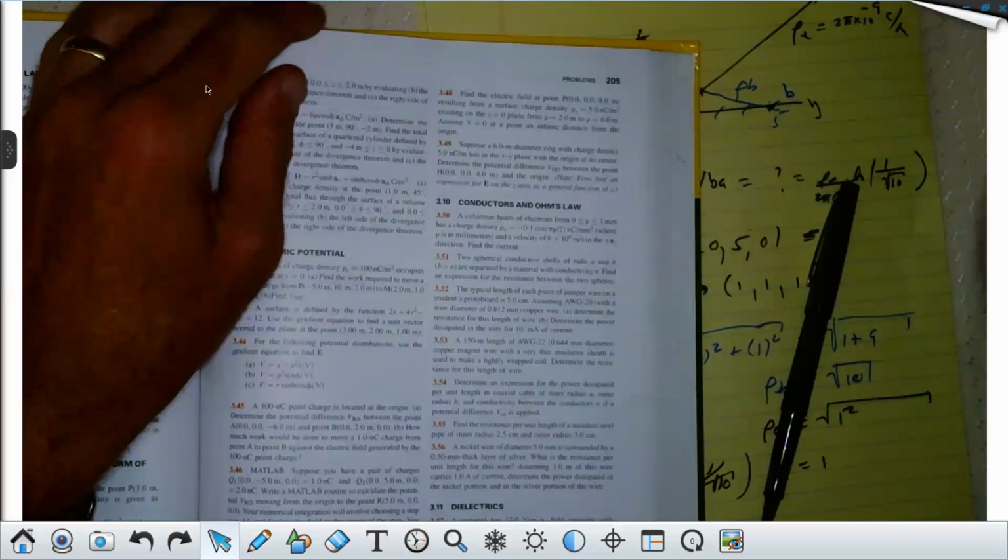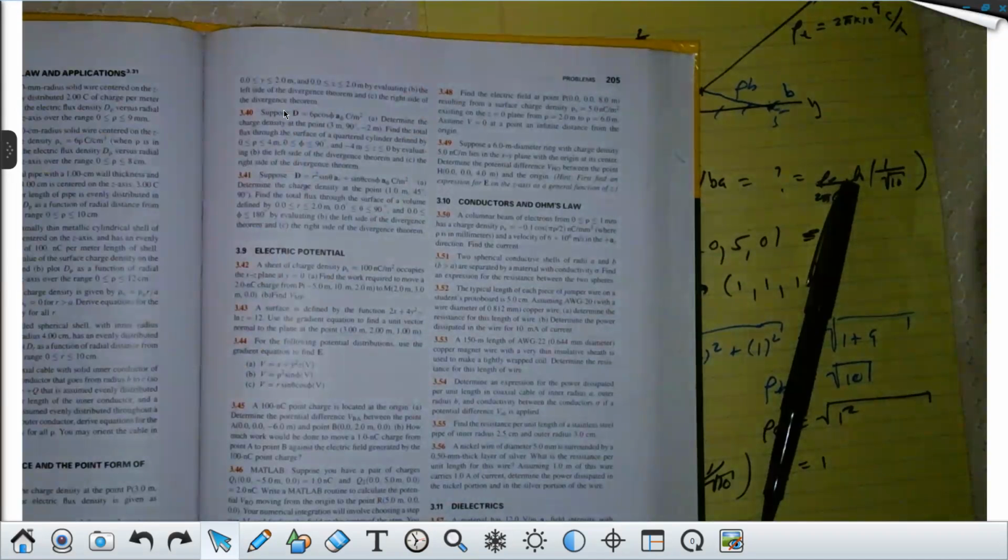All right. This is 348. Find the electric field between 2 points.